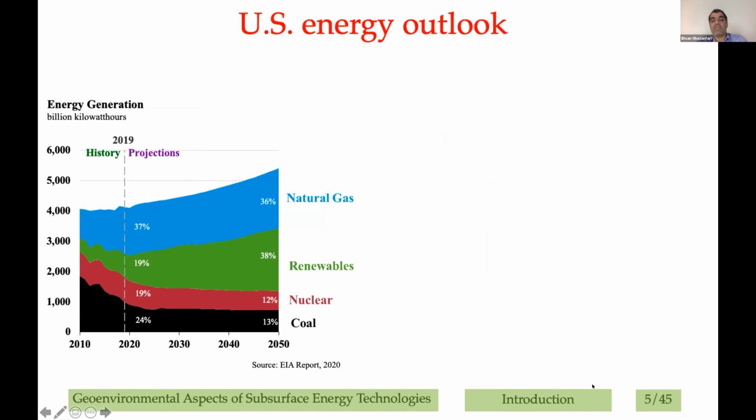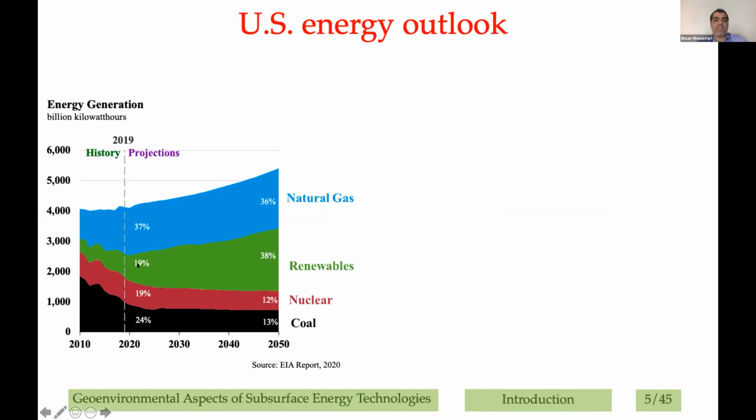Now, if you look specifically for the energy outlook in the United States, you can see that currently, 2019 or 2020, around 37% of the energy generation is coming from natural gas. Most of it is basically from shale gas.